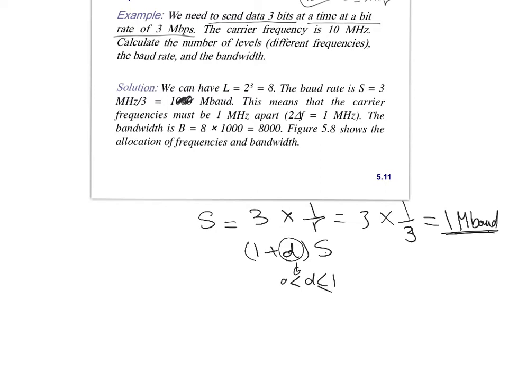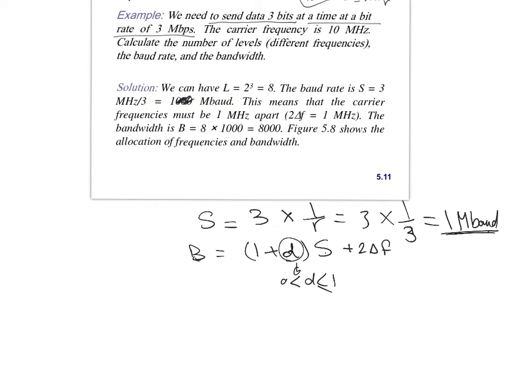Assuming that d here is 0, then the bandwidth for one symbol is S. And for the case of FSK, we have to add here 2 delta F. This is for the case of binary phase shift keying.